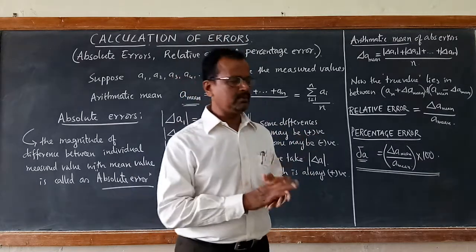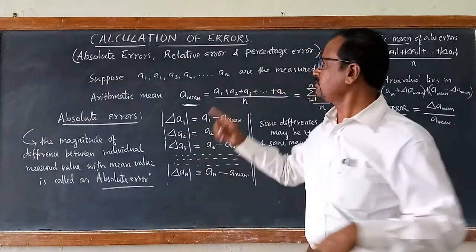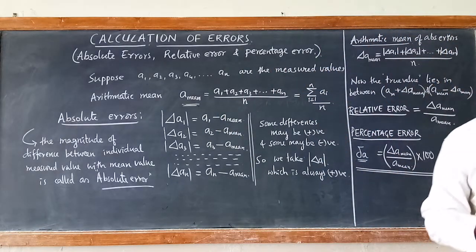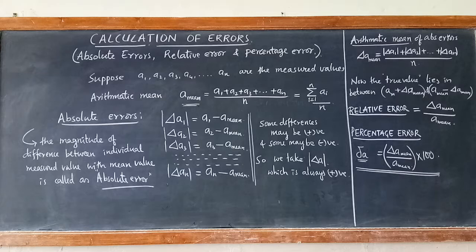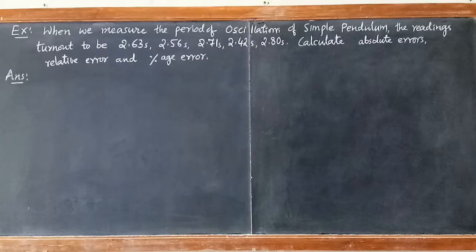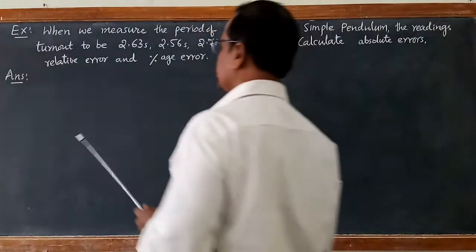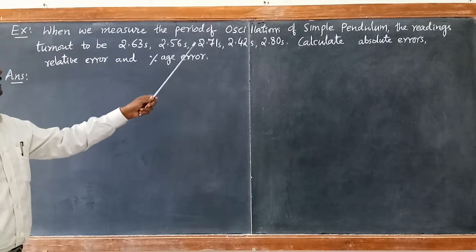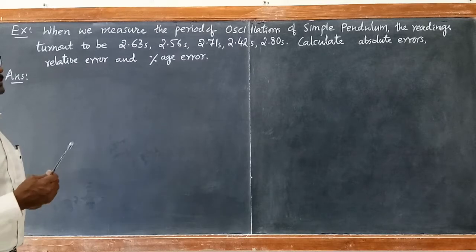Let us see an example and then you will understand the meaning of absolute error and percentage error calculations. Quickly look into this problem. These are the observations from a simple pendulum experiment.